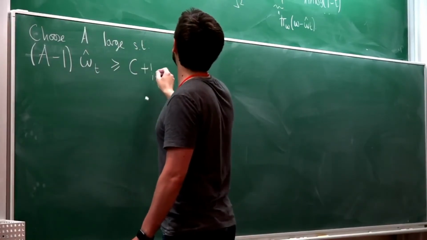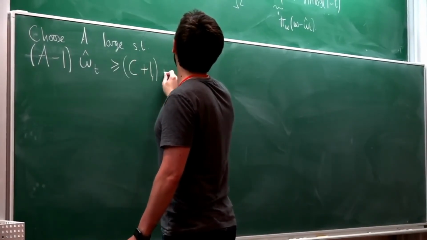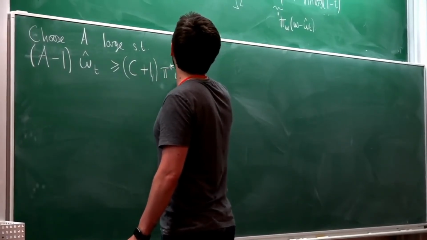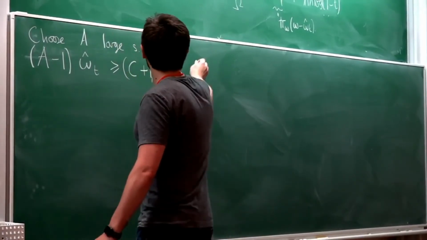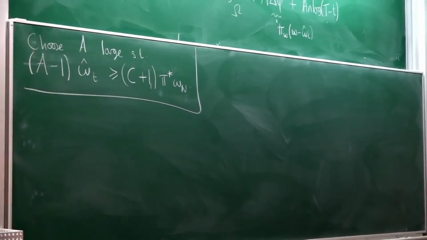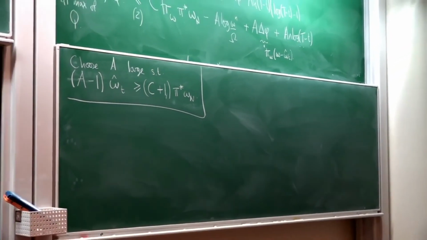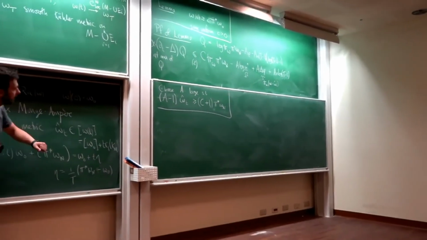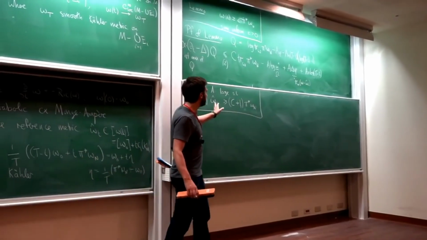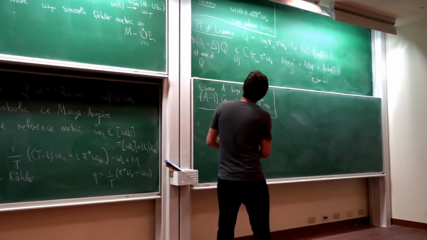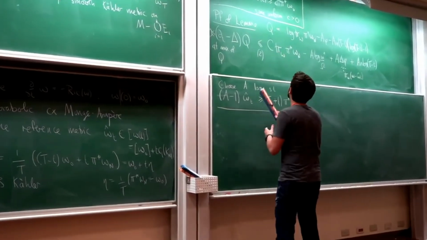It's bigger than constant plus 1 times the pullback of omega n. And I can certainly do that because omega hat t is just a nice Kähler metric, and this is the pullback of omega n. So certainly each one is bigger than a little constant times the pullback of omega n. And so I can just choose A very large, and this is certainly true. So that's going to kill this term with a bit to spare.